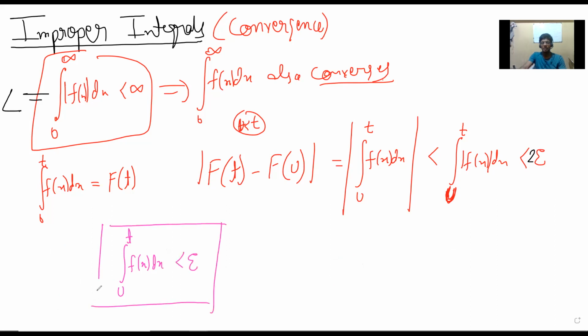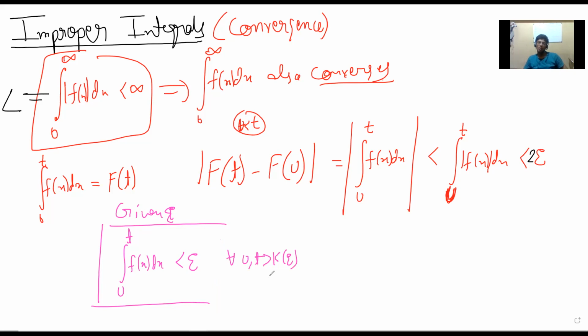And this is true for all u and t bigger than some k. Given epsilon, there exists a k that depends on epsilon, so I'll write k of epsilon. Beyond that point, the area doesn't change by more than epsilon. That's what we are getting about f.